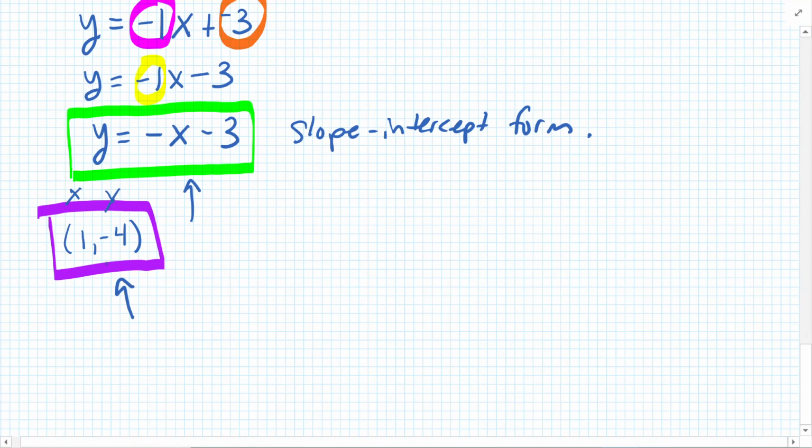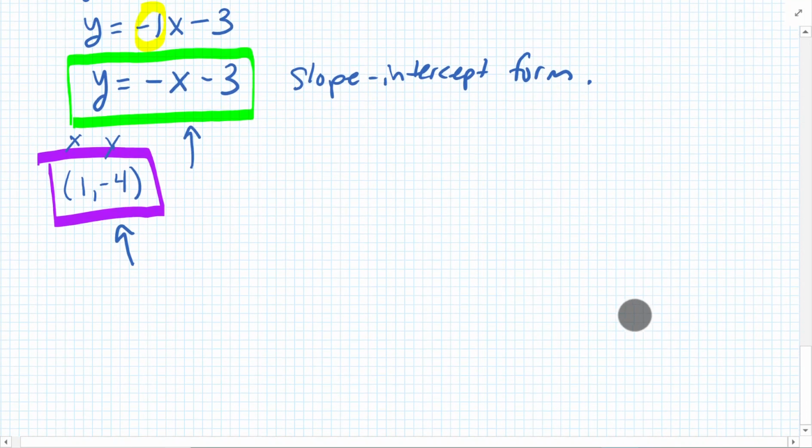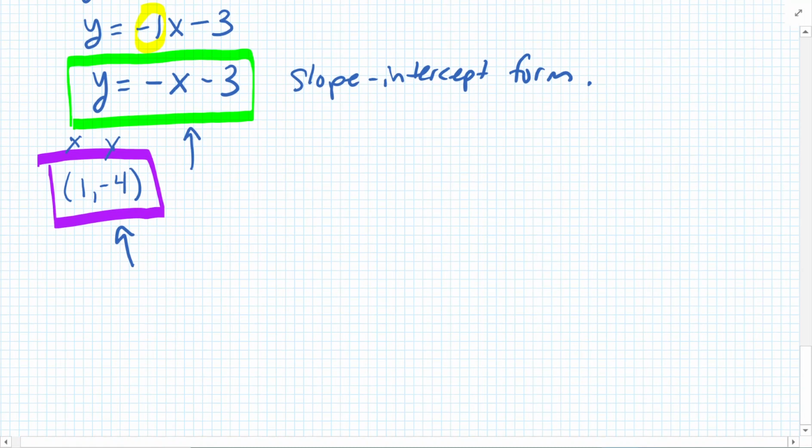And we know this point is along the line. We showed that here. This point is on the line, the yellow line. So if we substitute the x value, that's this right here, into the formula, we should come up with a value of -4. That's what we're going to test. That will tell you if our equation we wrote here is correct.